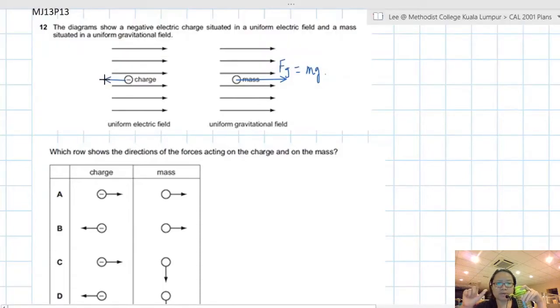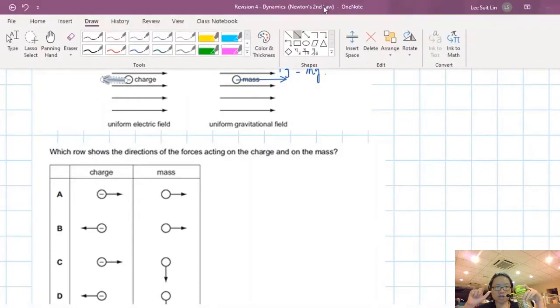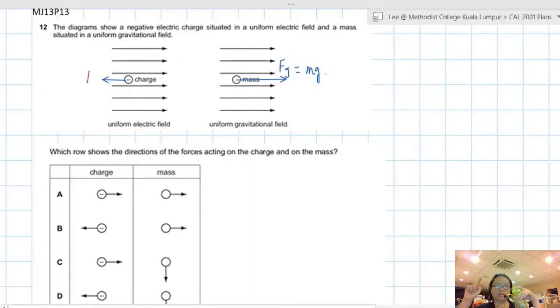Okay, but the thing about charge is that positive charge follows the field lines, negative charge goes against the field line. Now I don't have time to put out another video for electric field in time for you, but you can watch Miss Elizabeth's videos about electric fields. Okay, so go watch.